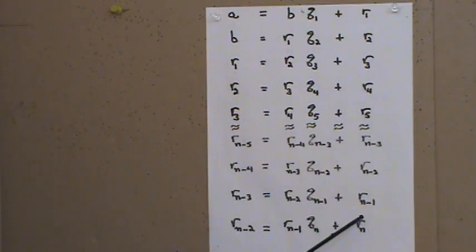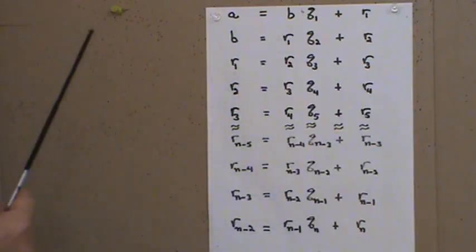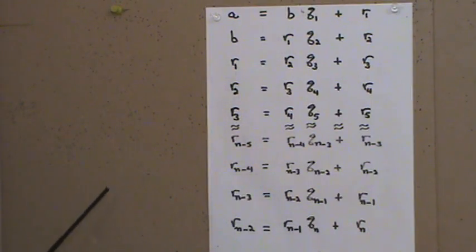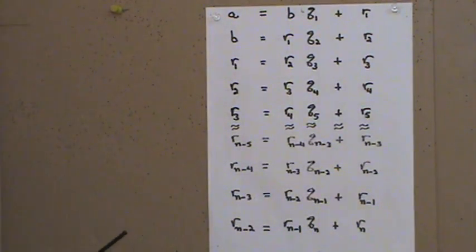Now, in order to show that it is the greatest common divisor, first we have to show that it is a common divisor of A and B to begin with. And after we prove that, then we go to the next step and prove that it is the greatest common divisor. So let's show first that this is a common divisor of A and B before we justify that it is also the greatest.